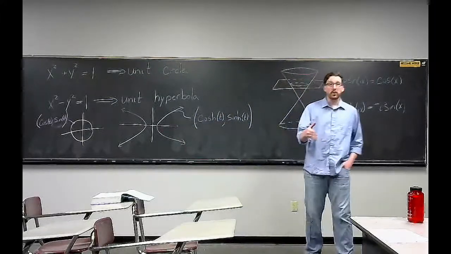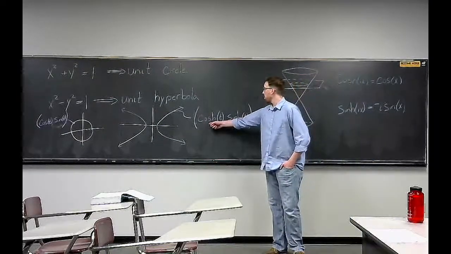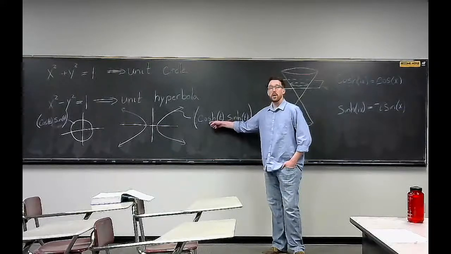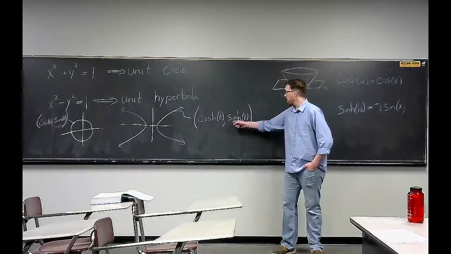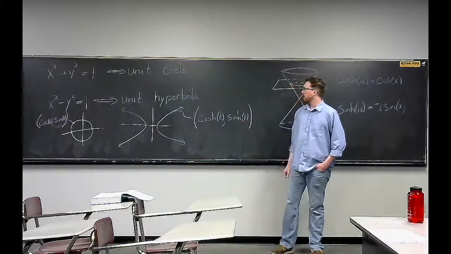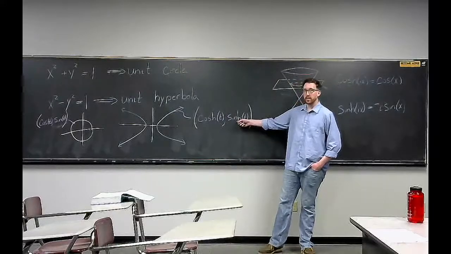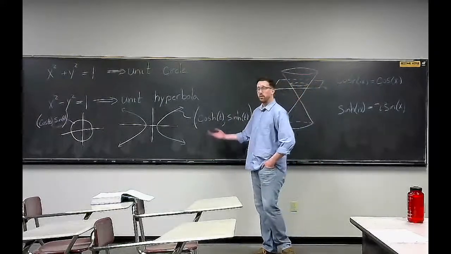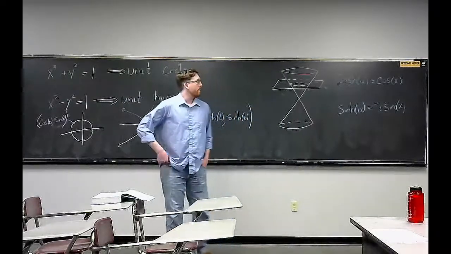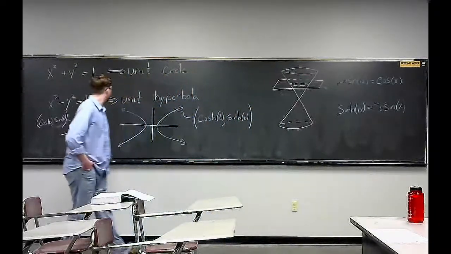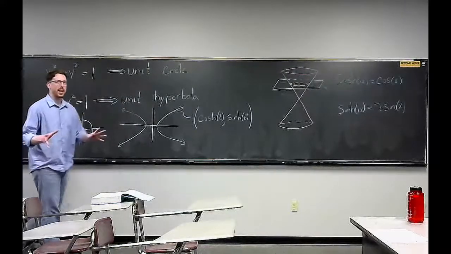Now, the points on the unit hyperbola can be parameterized using hyperbolic cosine of t and hyperbolic sine of t. Sometimes you'll hear this called cosh of t and this called sinh of t. I prefer just to call it hyperbolic cosine and hyperbolic sine. But this doesn't really explain why these two things relate to each other, not yet.